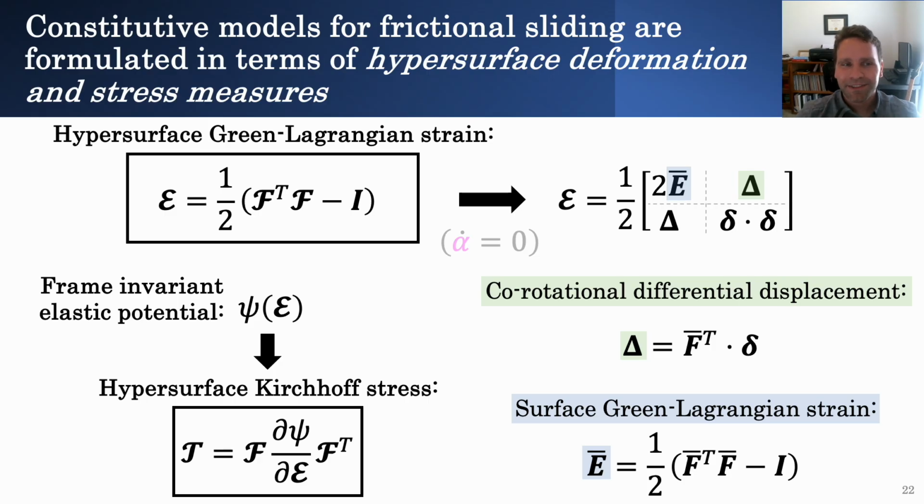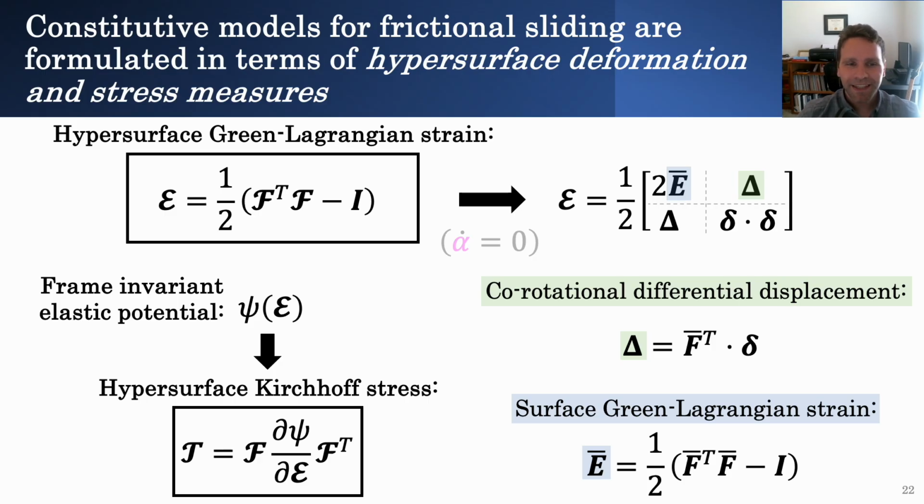So given this hypersurface deformation measure like the Green-Lagrange strain, and given a frame invariant potential expressed in terms of that deformation measure, you can come up with a corresponding hypersurface stress tensor, much like a Kirchhoff stress or whatever you like: Second Piola-Kirchhoff stress, Cauchy stress. There are various equivalents, but they're all symmetric in this particular case, which has certain nice and beneficial properties in the formulation of the residuals.